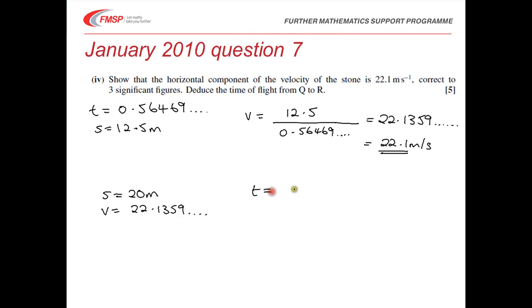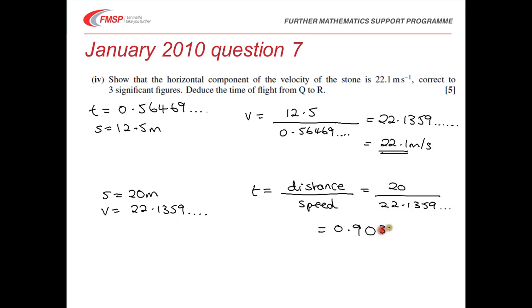So the time will be the distance or displacement divided by the speed or velocity. So that will be 20 over 22.1359, and typing that in will give us 0.9035, which rounds to 0.904 to 3SF. So the time of flight from Q to R is just under 1 second.